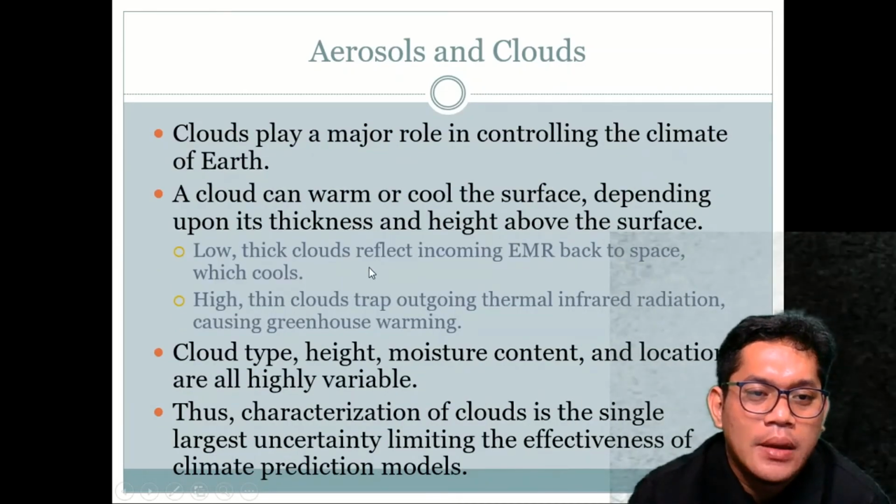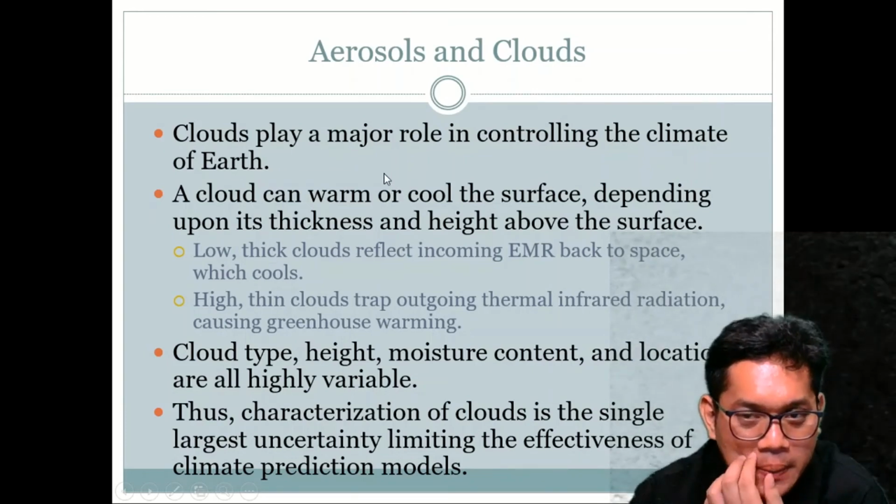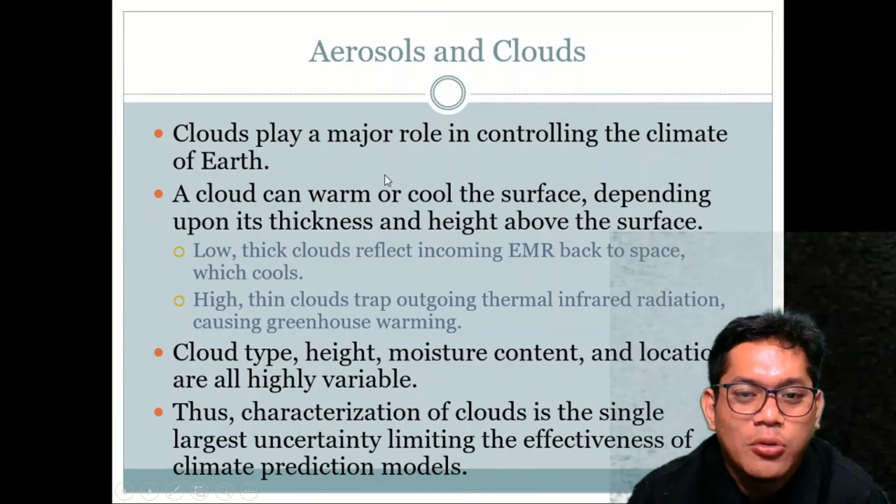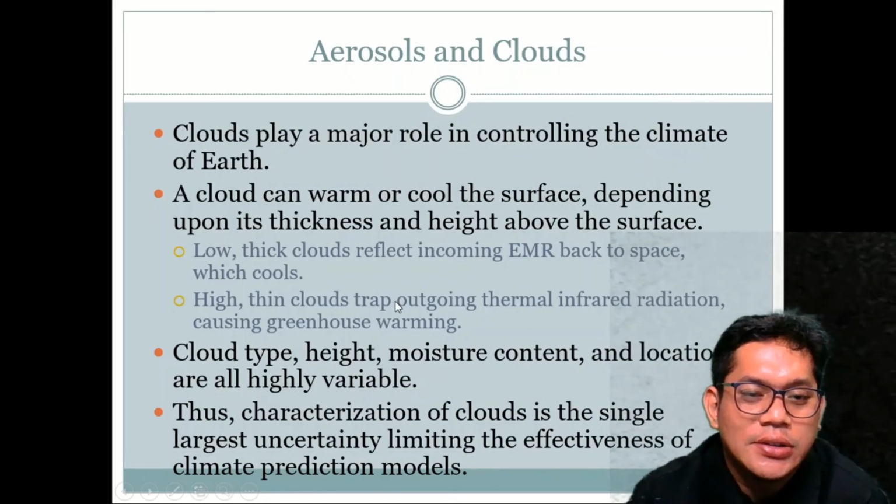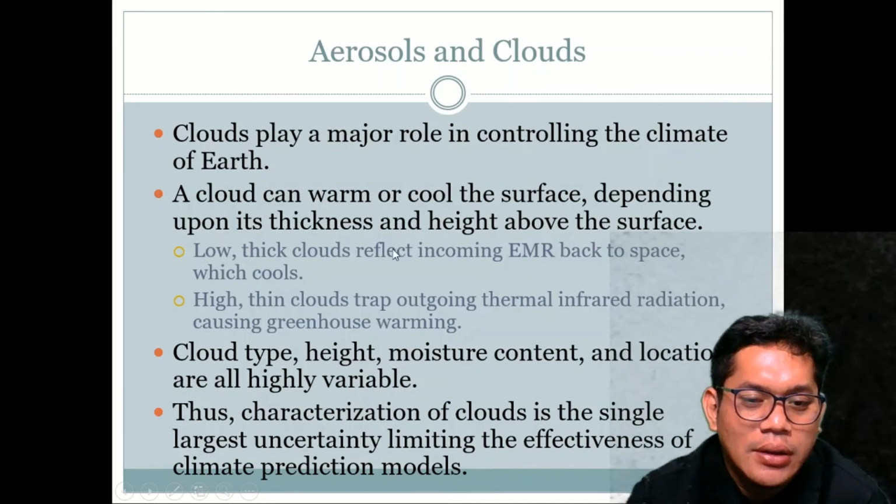Okay, and clouds basically play a major role in controlling the climate because they can warm or cool the surface depending on their thickness and height, and different types of cloud height and moisture cannot be categorized on a single scale, limiting the effectiveness of the climate prediction models.